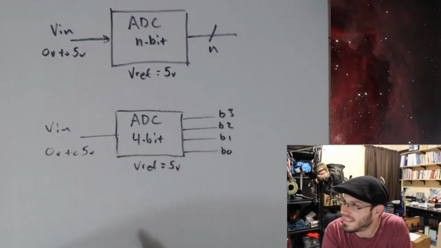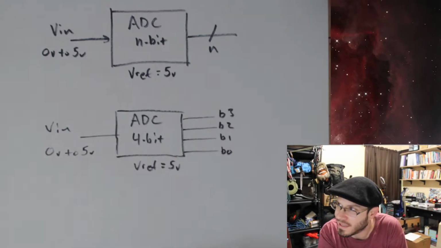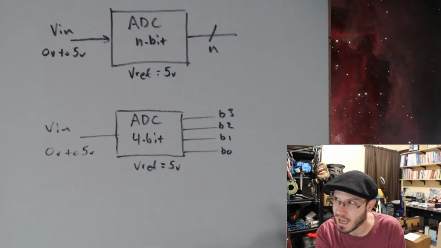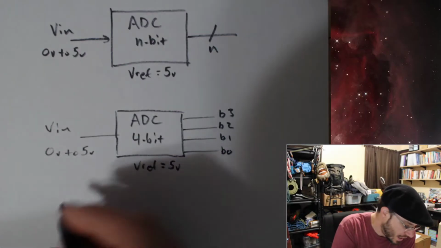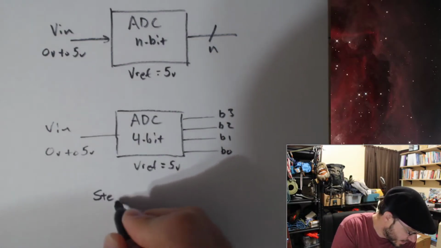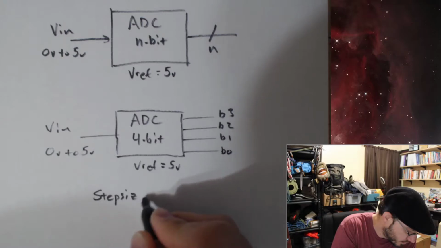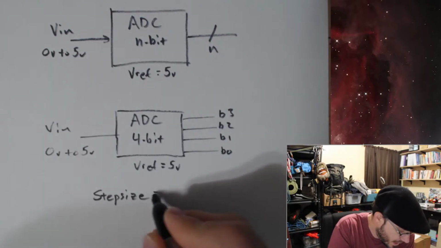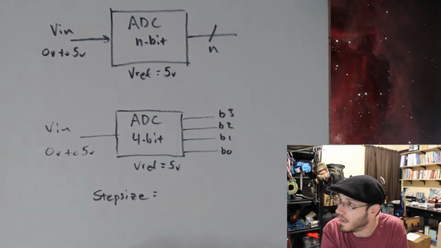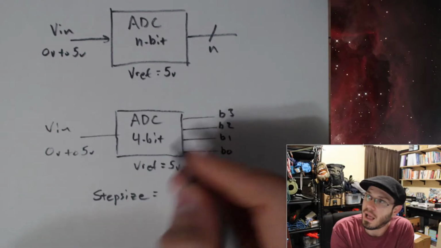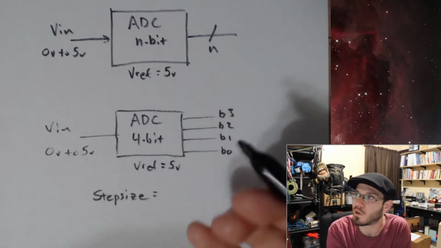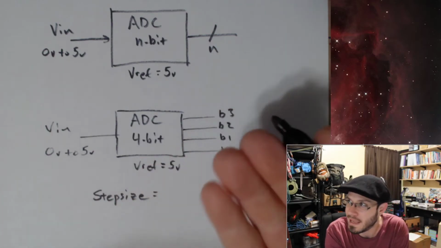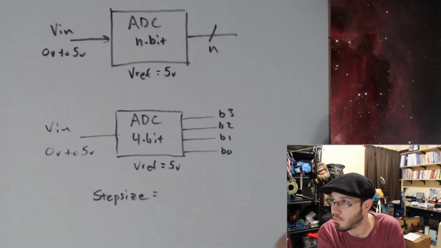Now, once you specify the resolution, we can calculate the step size. So the step size that we talked about in regards to the digital to analog converter is also applicable in this case as well. So the step size is going to be equal to your VREF divided by the number of steps, or the number of values that you would be converting it into. Since we have 4 bits, we have 2 to the 4.